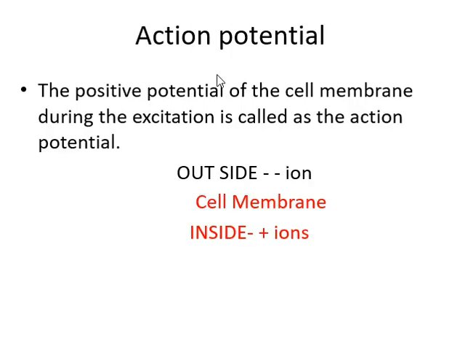And the next one is action potential. The positive potential of the cell membrane during excitation is called the action potential. Depolarization, repolarization, hyperpolarization, and the refractory period are the four steps of the action potential.